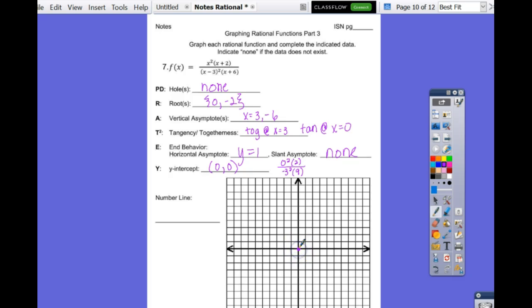So at the 0, 0, I'm getting a touch. So it's either a touch to go back to positive or a touch to go back to negative. All right, so let's put all this stuff on. I have the point here at negative 2. I have a point here. I'm going to have a vertical asymptote at 3, a vertical asymptote at negative 6.